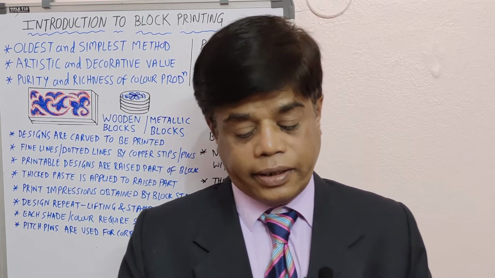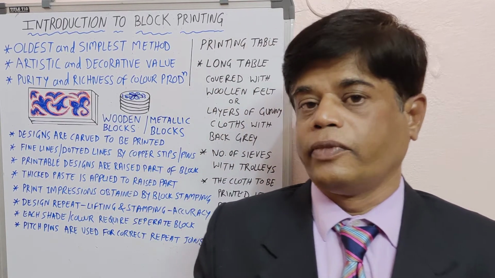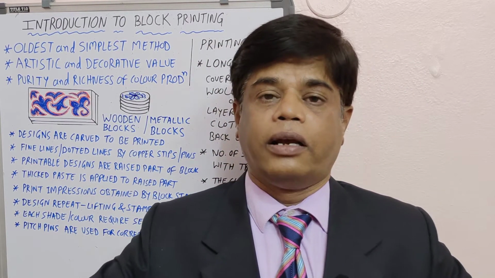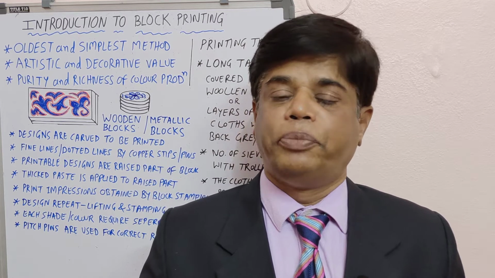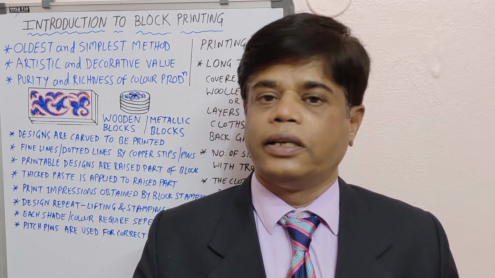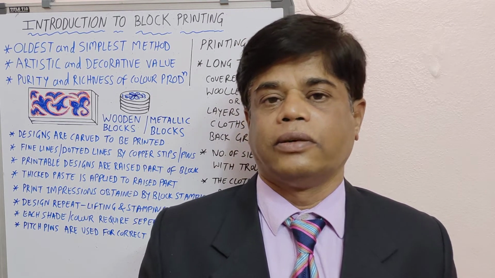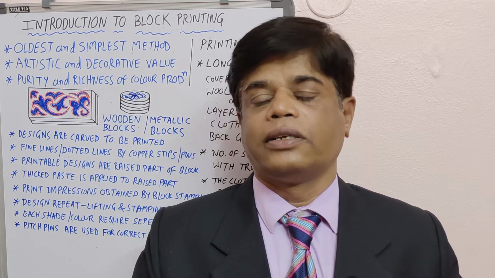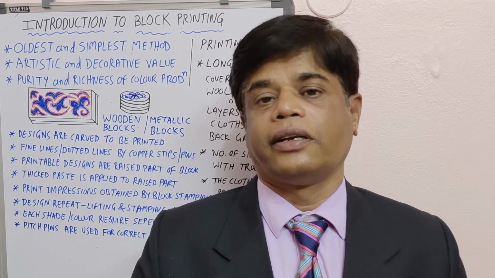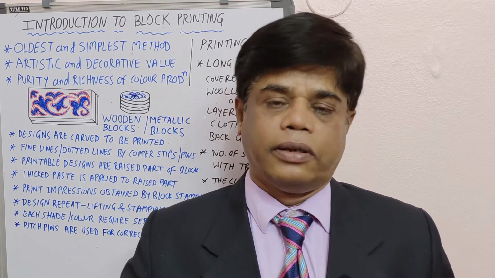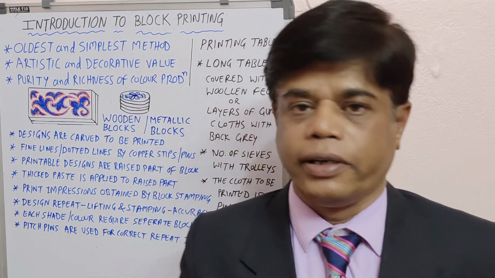And second, very large patterns or large prints are computerized or set in electronic devices. Designs are computerized and set in the machines, and colors are also set. Whatever the shades are, everything is set in the machines, and it is printed in thousands of meters without any single fault.